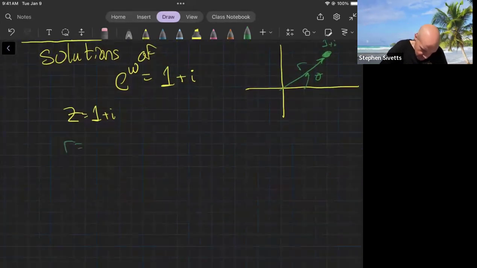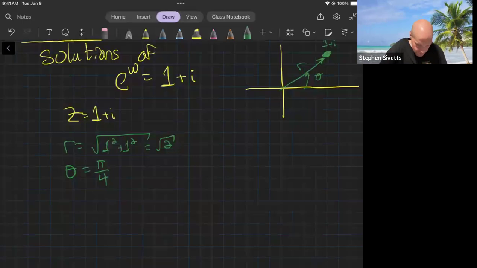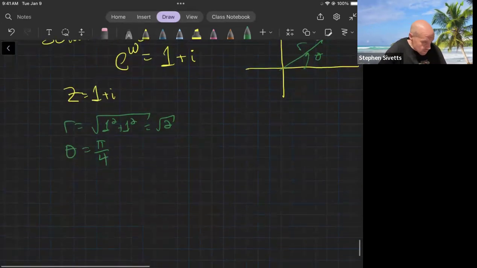The radius here would be root 2, since 1 squared plus 1 squared equals 2, and the square root of that is root 2. And then theta is pi over 4, right? So that's the argument of z. But if we rotate by 2 pi radians, or a multiple of 2 pi radians, we would get the same result.